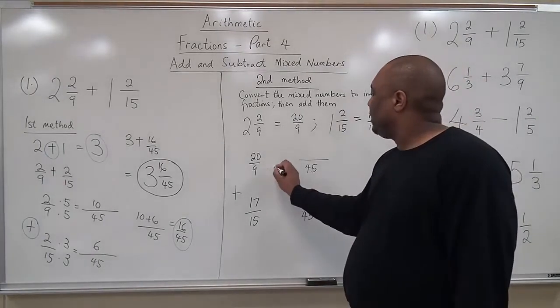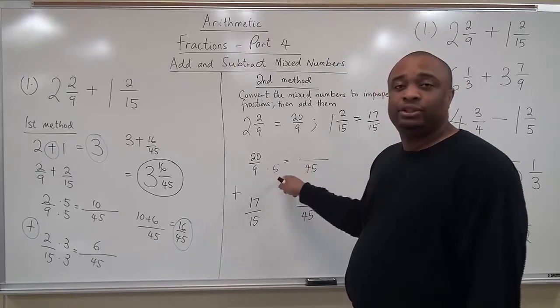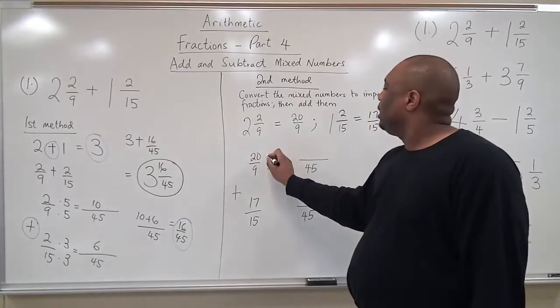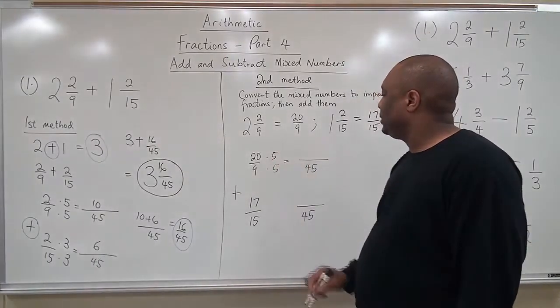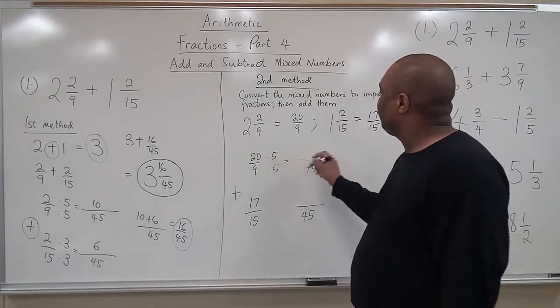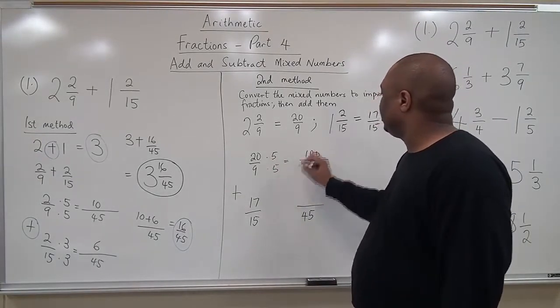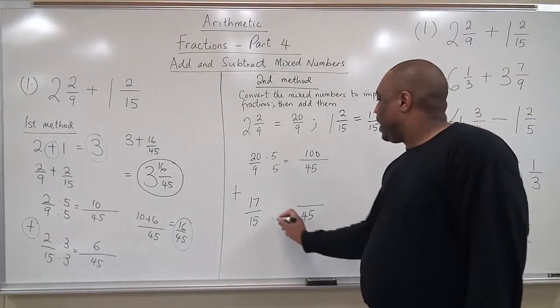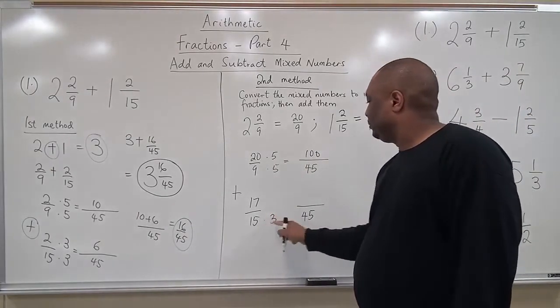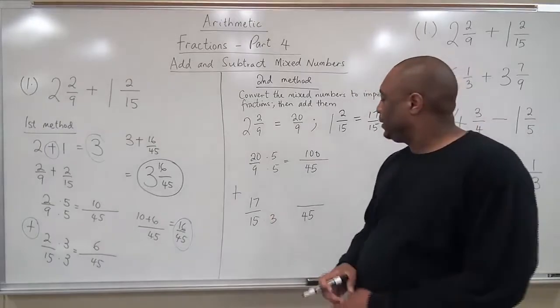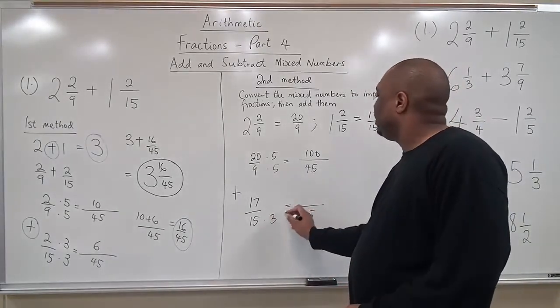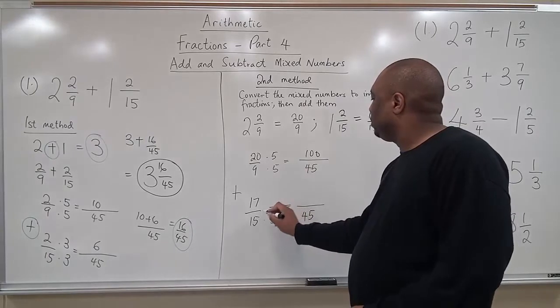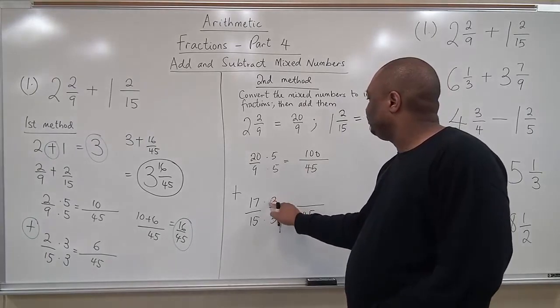I've got to multiply this by 5, and whatever I do to the denominator, I have to do to the numerator. So the equivalent fraction here is 100 over 45. Here, I've got to multiply 15 by 3 to give me 45. And whatever I do to the denominator, I do to the numerator.